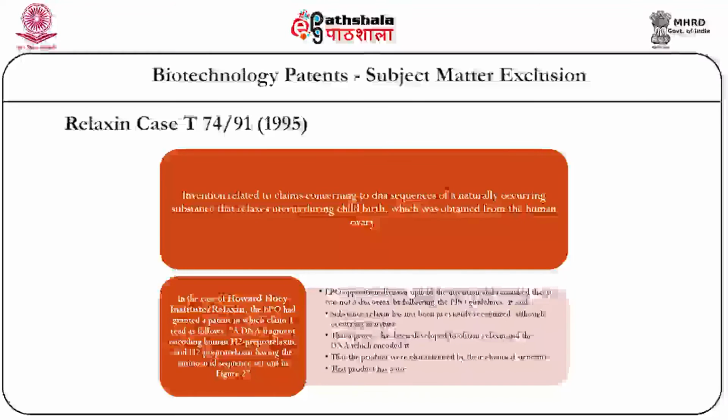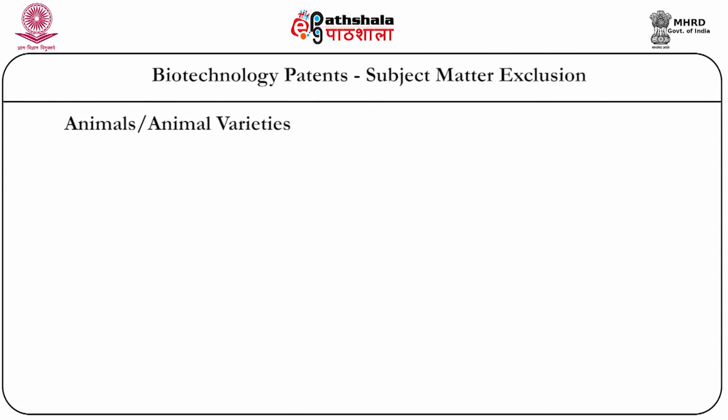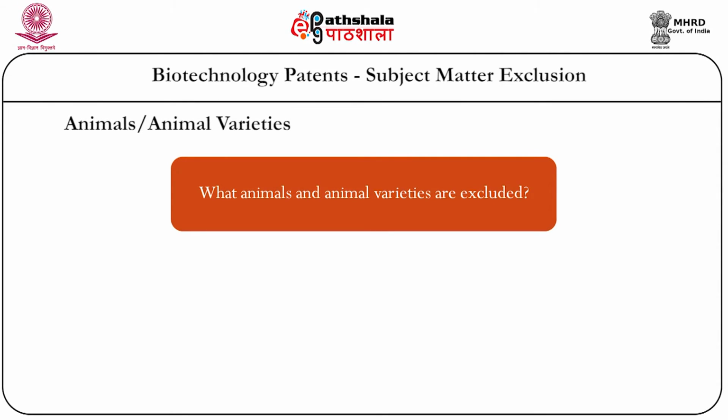Now, this decision in Relaxin actually opened up a lot of issues relating to both the ethical and legal dimensions of patent eligibility in Europe. In a subsequent decision pertaining to animal varieties, what animals and animal varieties were excluded by the European Patent Convention was an important question.